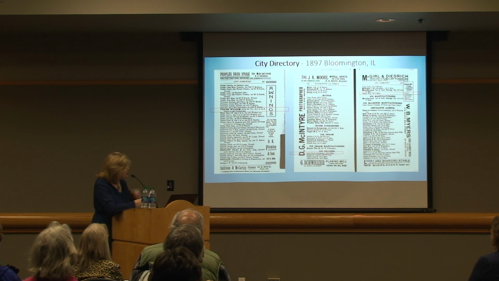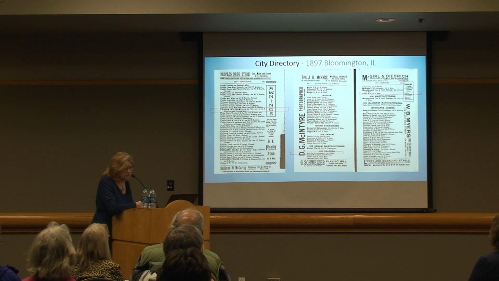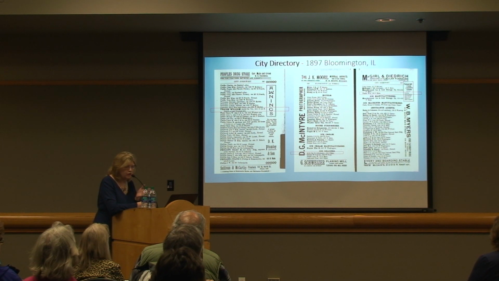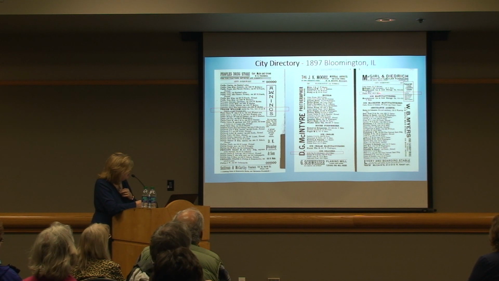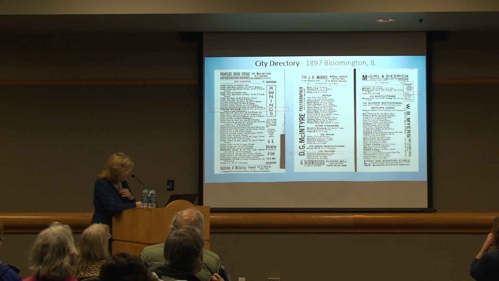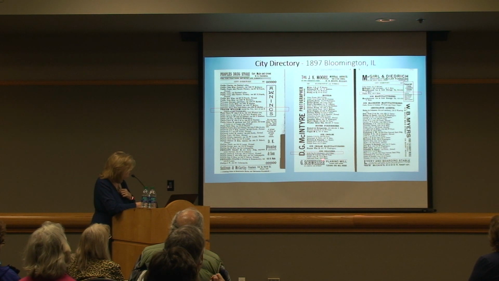Now, on the left slide is the business section of that city directory. They were usually divided like the yellow pages and the white pages. And we see that he is listed as an ice dealer, and he's working out of 108 South Main Street. But that is the location of the Arctic Ice Company, and there are other people that have that same location too.